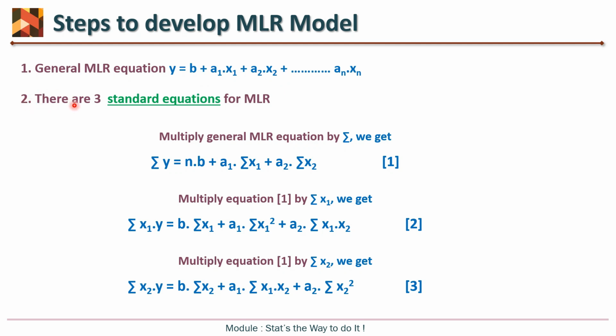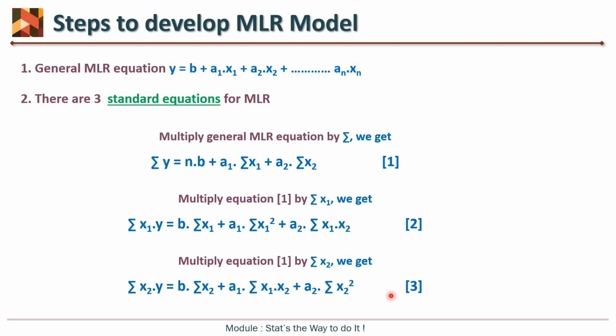Then step number 2, there are 3 standard equations for MLR. Now listen very carefully because there are 2 options with you. Either you memorize these equations 1, 2 or 3, or if you want to absorb these equations in your mind, then you must see how these equations are derived.